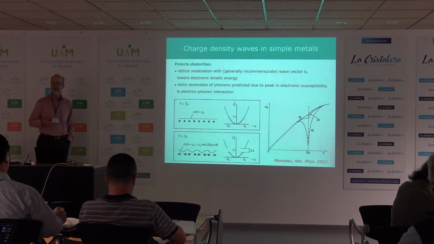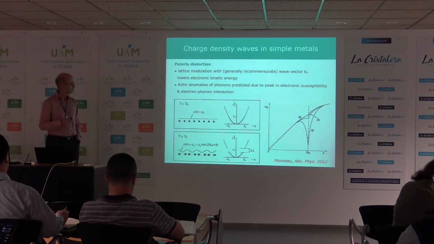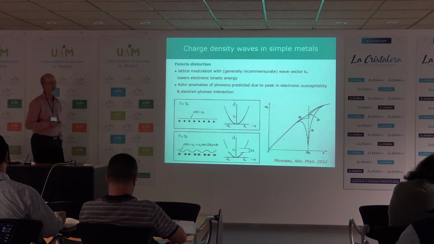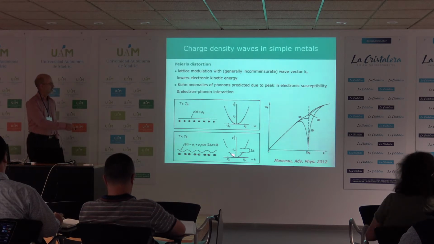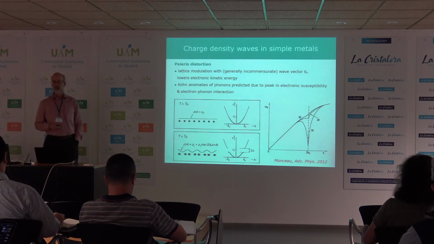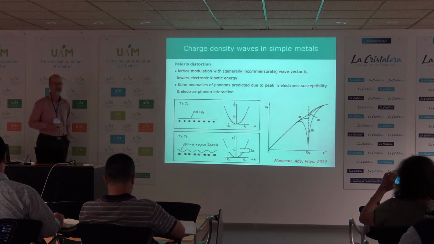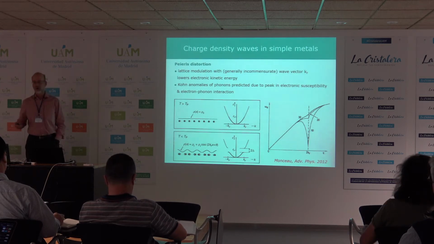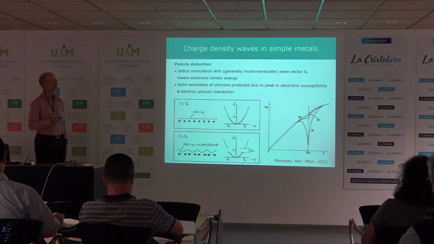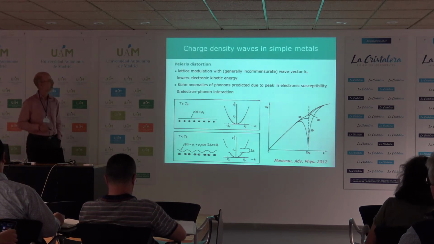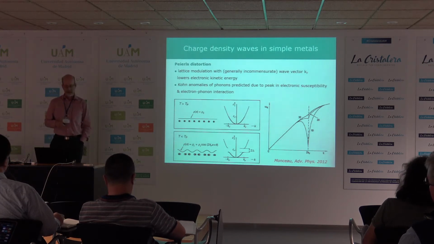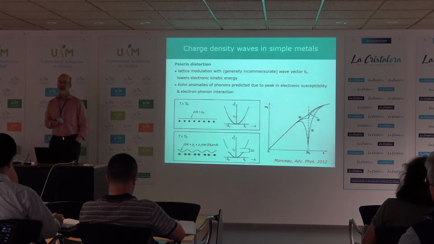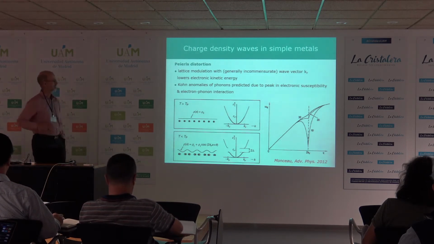You can detect this charge density wave if you measure superstructure peaks in X-ray or neutron diffraction. That will be in general incommensurate with the underlying lattice because the Fermi wave vector is incommensurate. But you can also look at phonons that, in the presence of a non-zero electron-phonon interaction, will show so-called Kohn anomalies that reflect the electronic susceptibility, which will be particularly large at this wave vector, and that introduces dispersion anomalies.